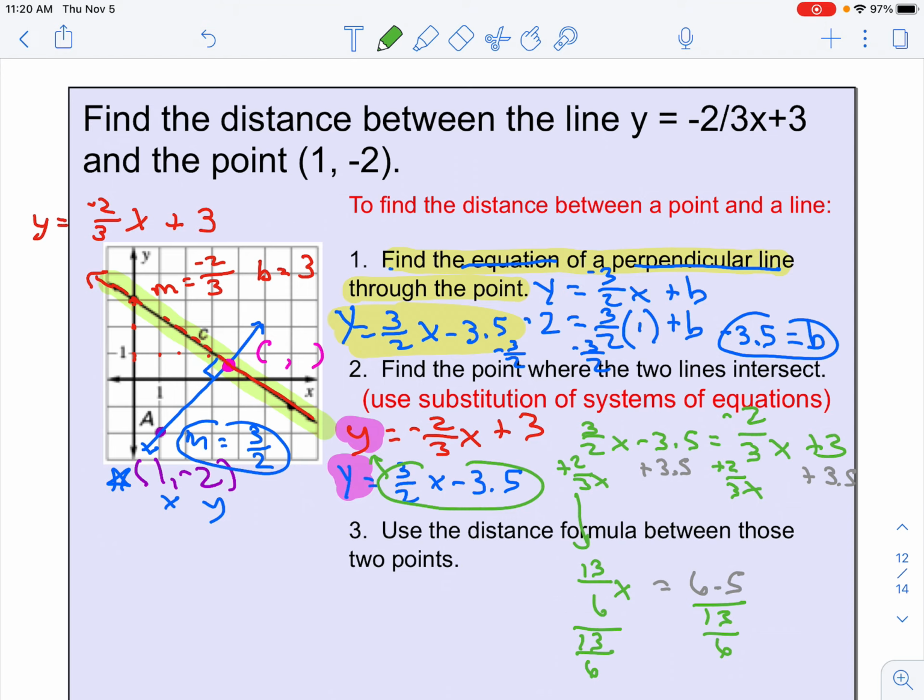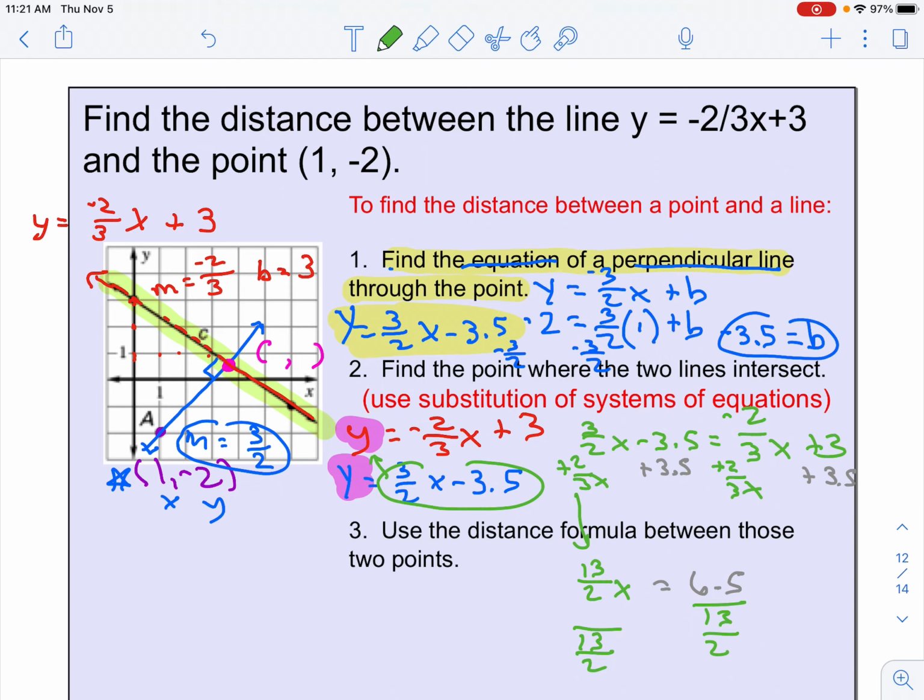Oh, this is 13/6 minus K3, so adding 13... oh, this is not 13/6, it's 13/2, my bad. Okay, so that makes this a little bit better.